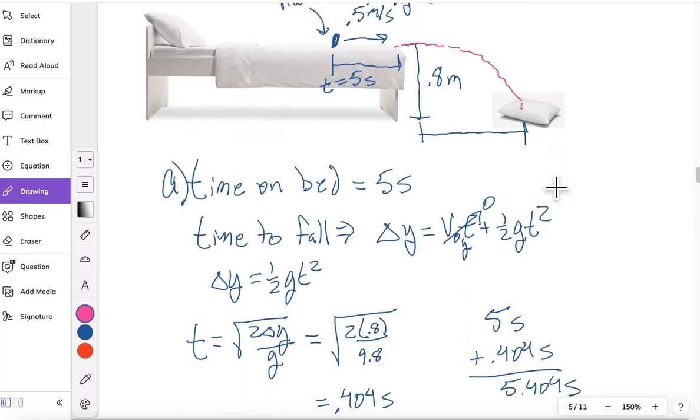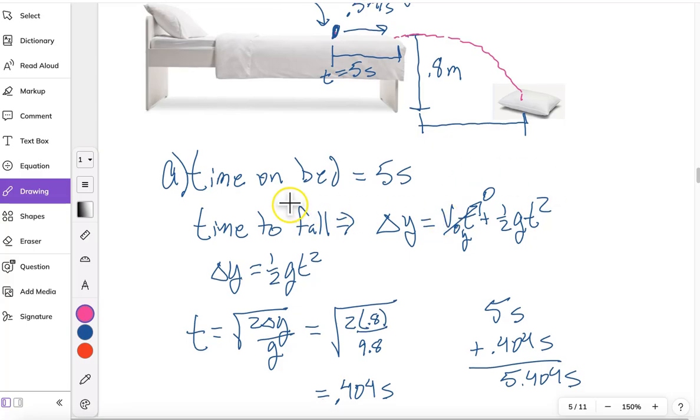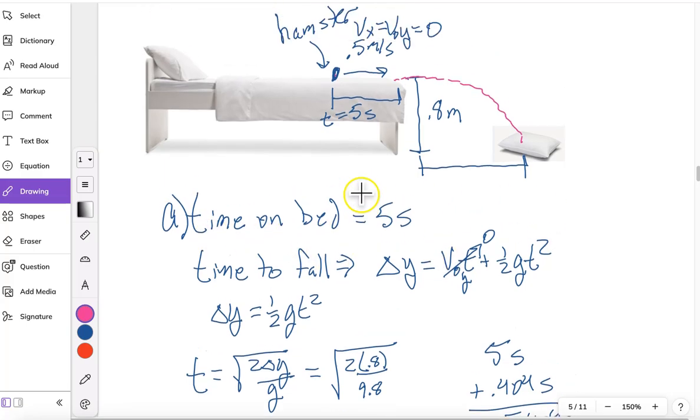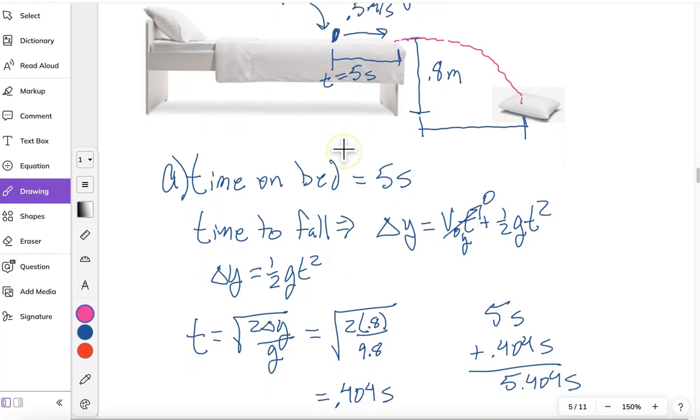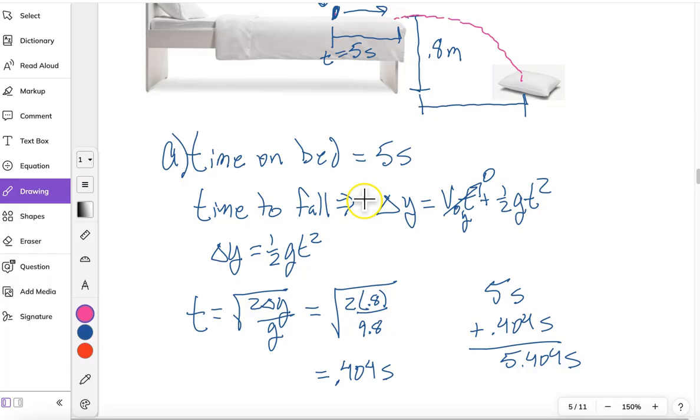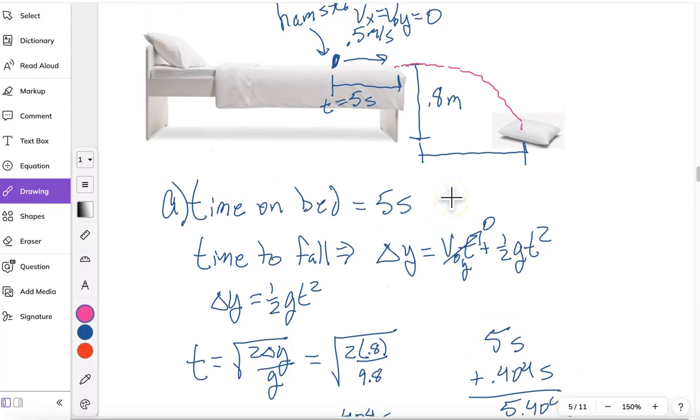We know that we've got to find first the time on the bed. Well, they already told us that, so that's pretty easy. The next thing we need to know is the time to fall. And that time to fall is really just the height of the bed equals, remember, the speed at the top in the y direction is 0.